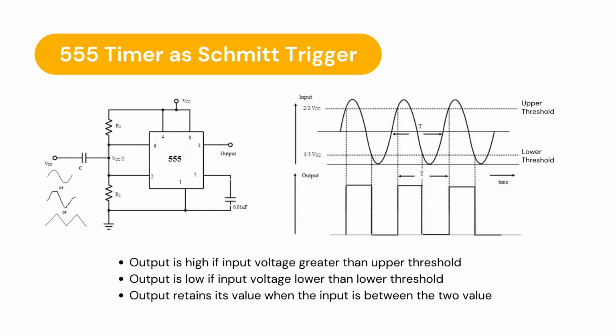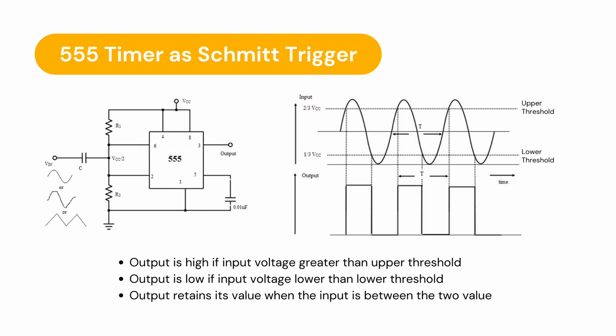When a sine wave of amplitude greater than upper threshold, the output will produce high, and if the input voltage is lower than lower threshold, then the output is low. And if the input voltage is between the lower threshold trip and upper threshold trip, the output is the same as before.